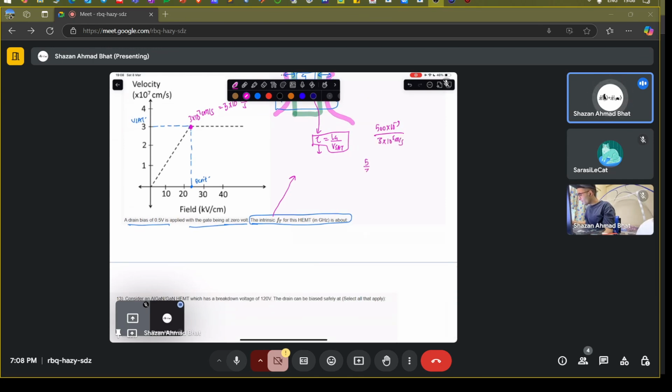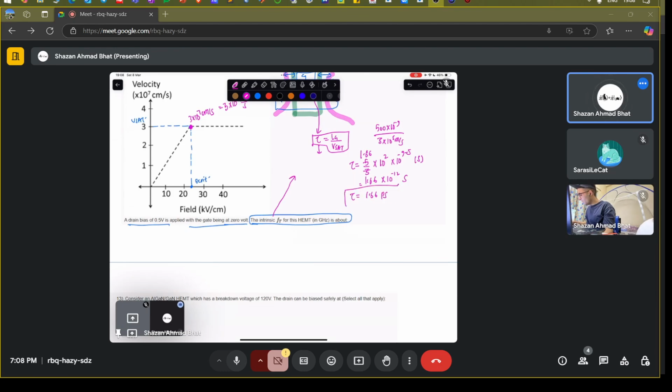So tau is 5 over 3 into 10 to the power 2 into 10 to the power minus 9 minus 5, in seconds. This is 1.66 into 10 to the power minus 12, so 1.66 picoseconds.